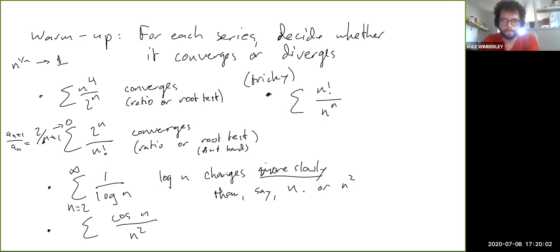The fact that log of n changes so slowly means that we already know the ratio test will give no information for those functions, so it definitely shouldn't give information for this one either, is what I'm trying to say.